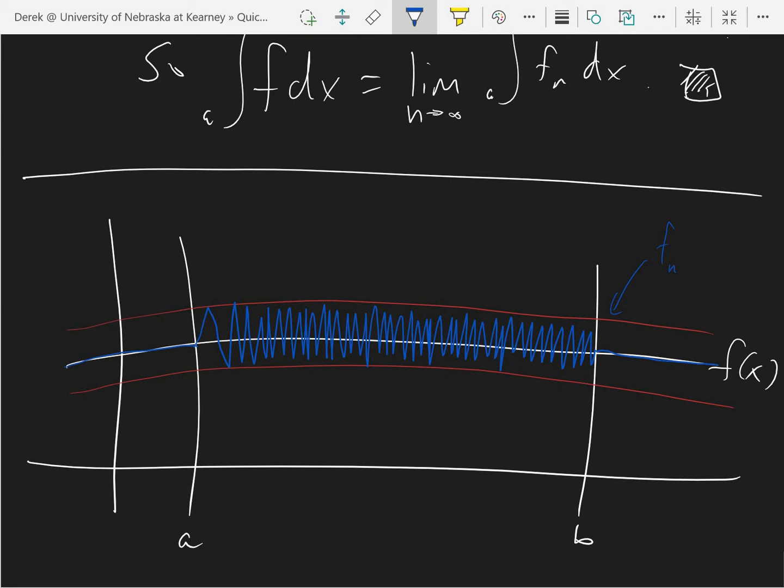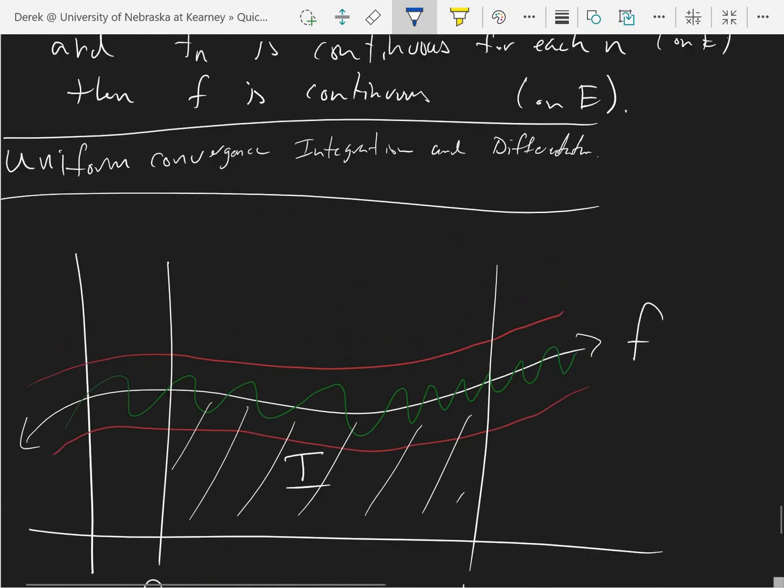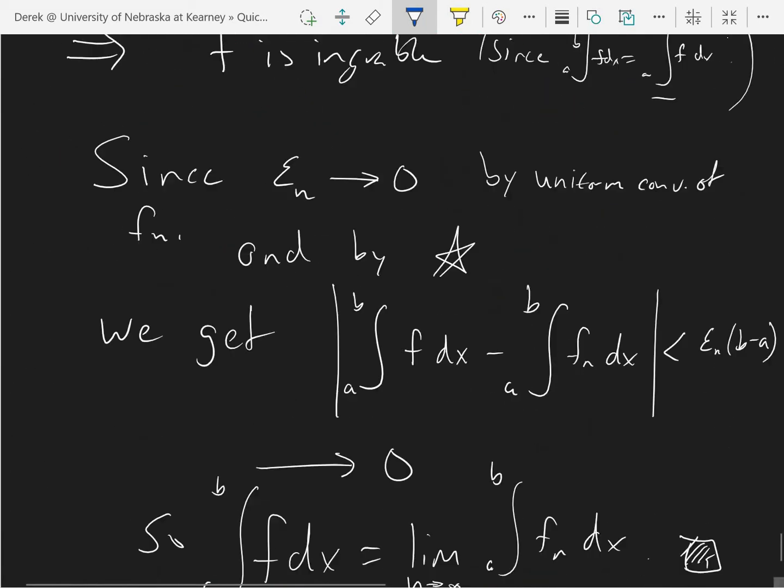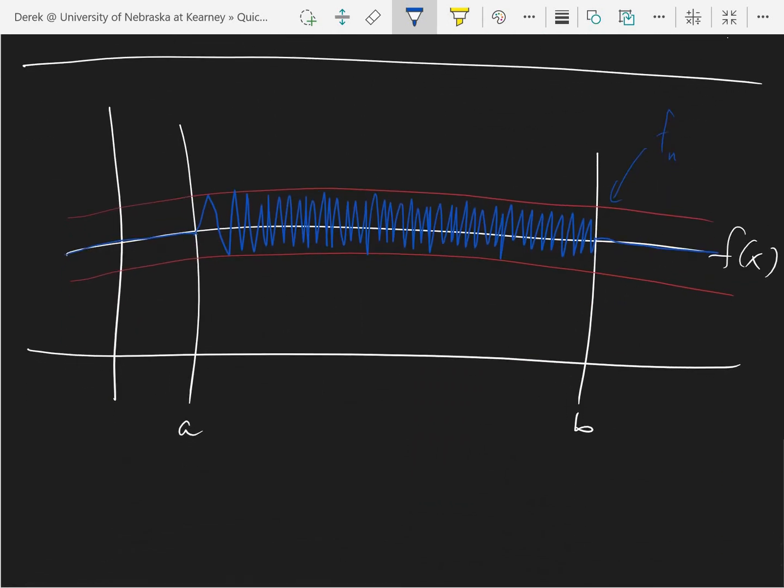If I go back to the picture where we had the integral, it didn't matter how crazy this function got inside here. The area under it was still bounded by the red envelope on top and the red envelope on bottom. I had a lot of control over the integrals because of the envelope. I have zero control over the derivative because of the envelope. The derivative can just go crazy.